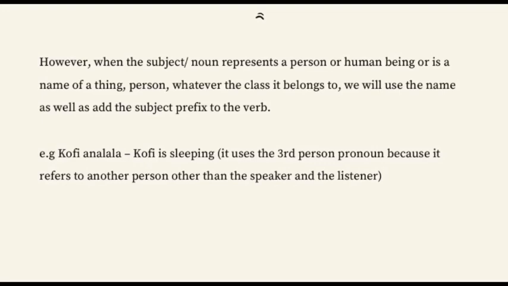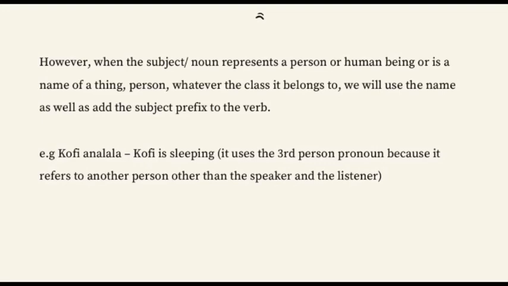You will still have the subject prefix a, because Kofi belongs to the class or the pronoun column that has the subject prefix a. So Kofi analala, Kofi, he is sleeping. That is how it is supposed to be.